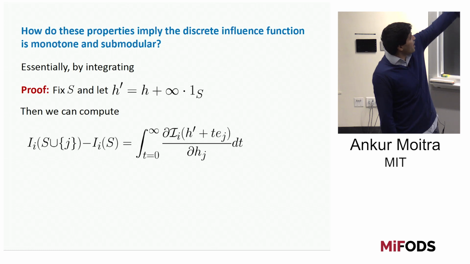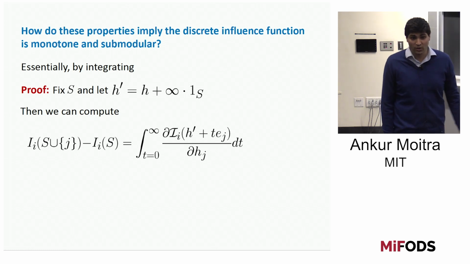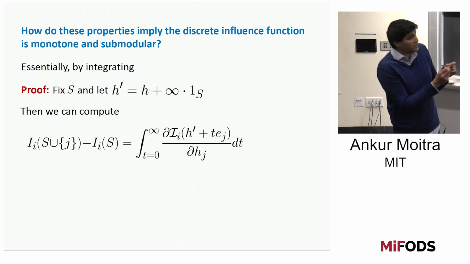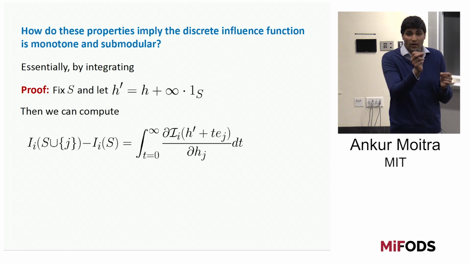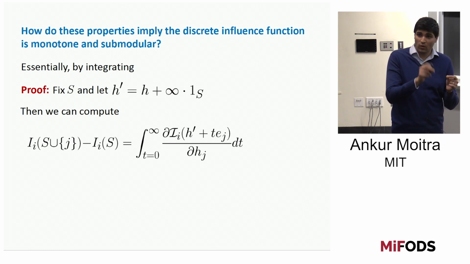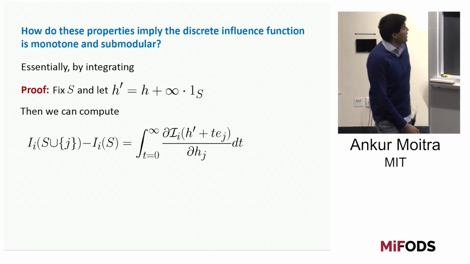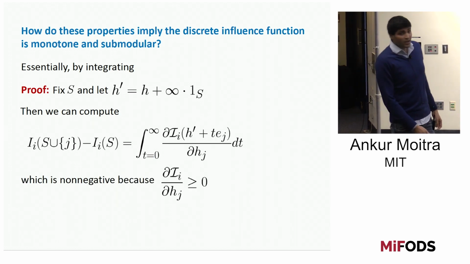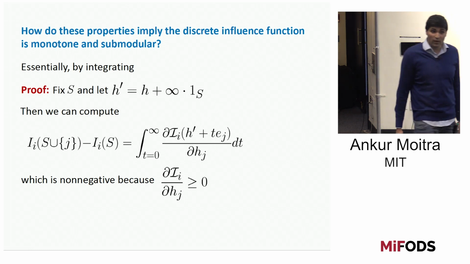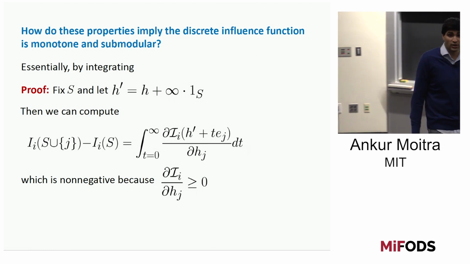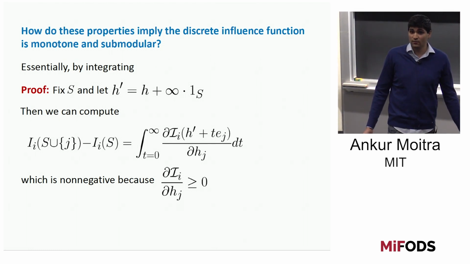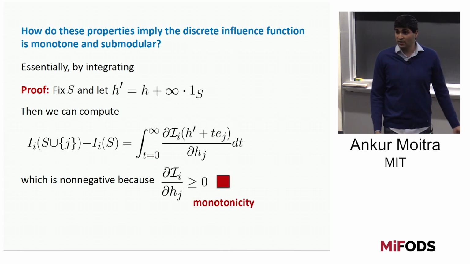And you can write this down as this integral of this partial derivative, where you're now varying t, which is influencing the jth coordinate, and you're varying it from 0, what it originally was at the external field, all the way to plus infinity. And this, of course, now is non-negative just by the implication of Griffith's inequality, because the first partial derivative is non-negative. So this now implies monotonicity.